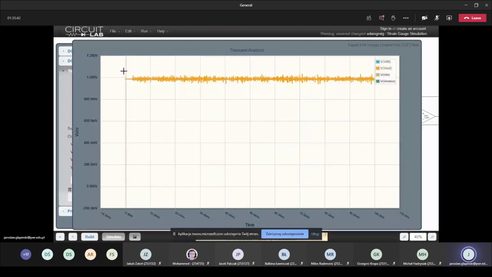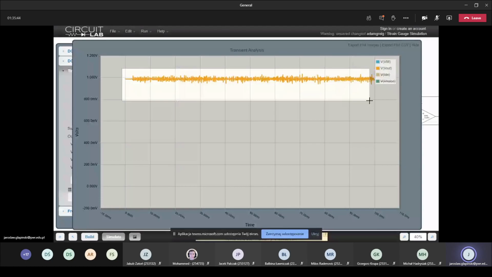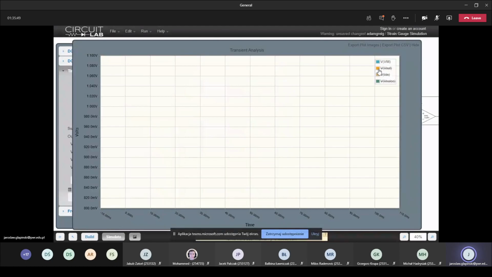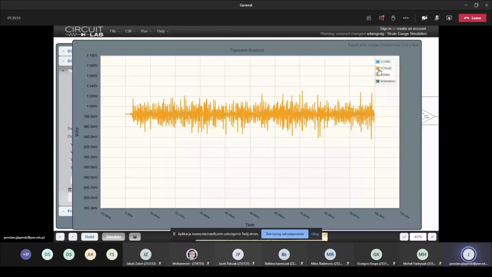And this is the output signal, this is the output, and this is the signal after filtration. So you can see, using a simple active filter, we can filter the signal. Generally, using a transducer, using a sensor, we have to amplify the signal and filter the signal because our environment is not stable.